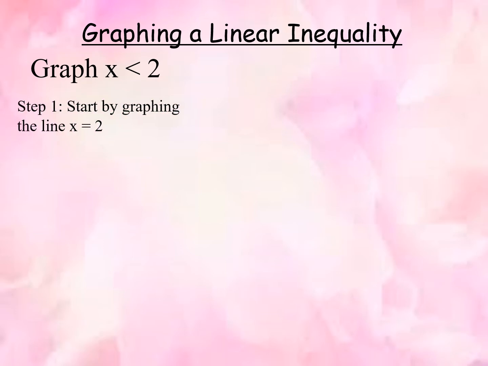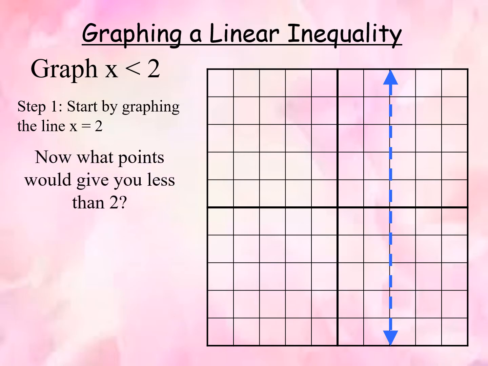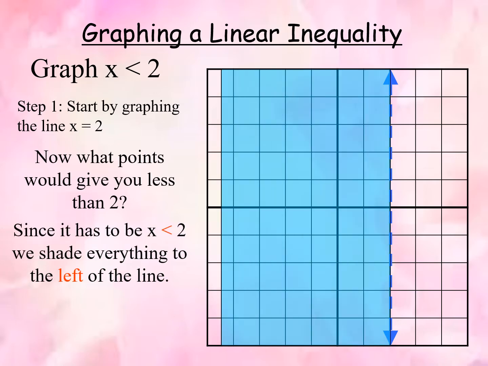So let us graph this inequality. Graph x is less than 2. The first step is to locate where x is equal to 2. Once you locate it, we are going to draw a broken line, and the direction will be going to the left.